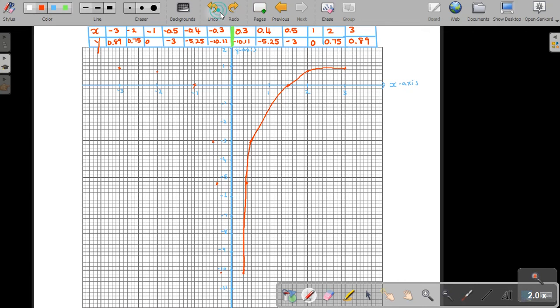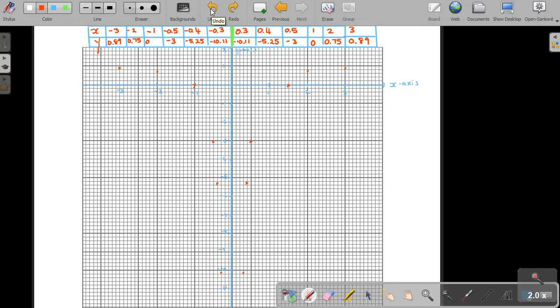Oh, I think I'm going to redo it. Let's start again. The thing is just, I think it can be rounded there.